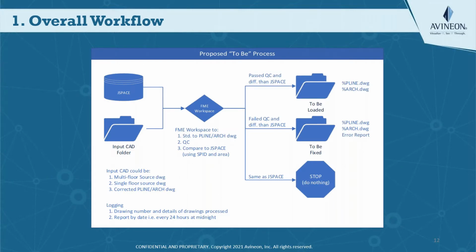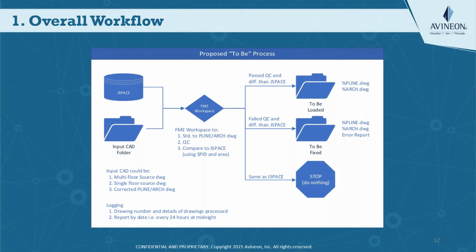So here's the overall workflow. The user is dumping AutoCAD drawings into a folder. FME Server is watching that folder. As soon as it sees new AutoCAD drawings, it's going to send those along to an FME workspace.